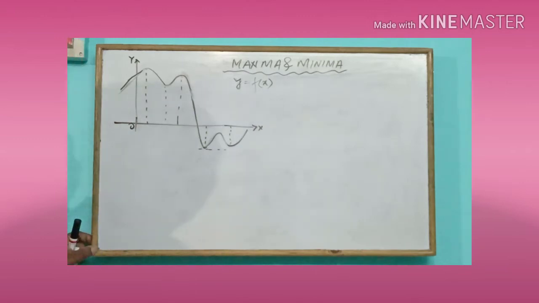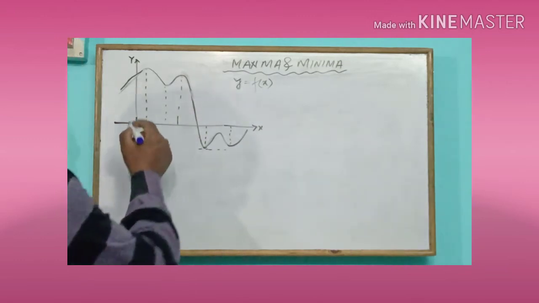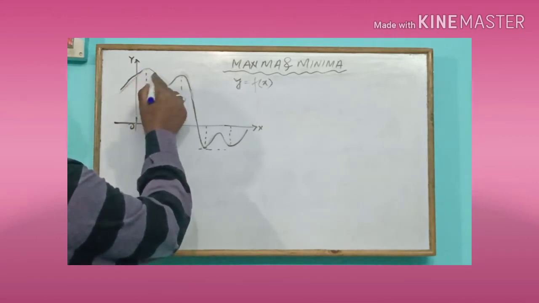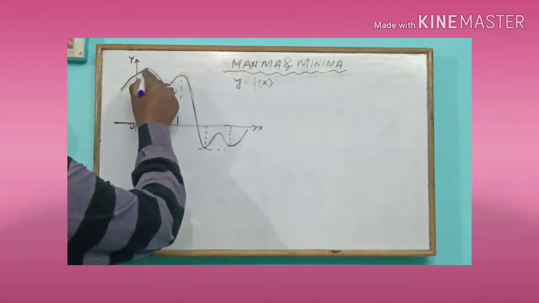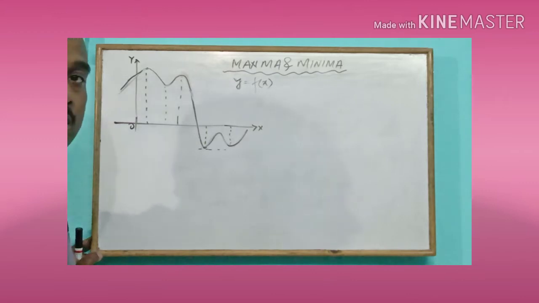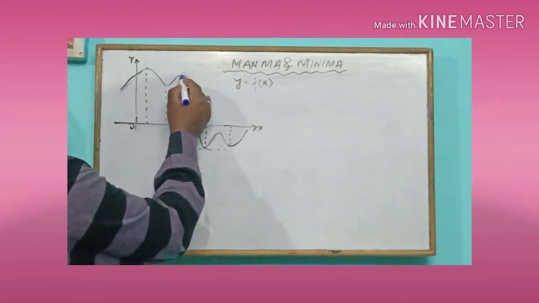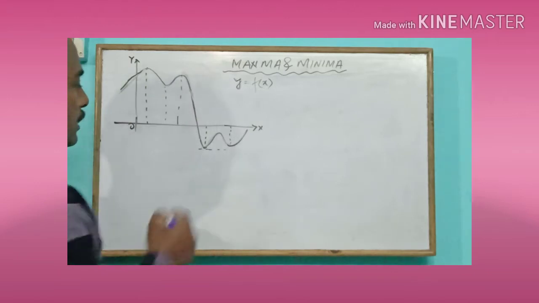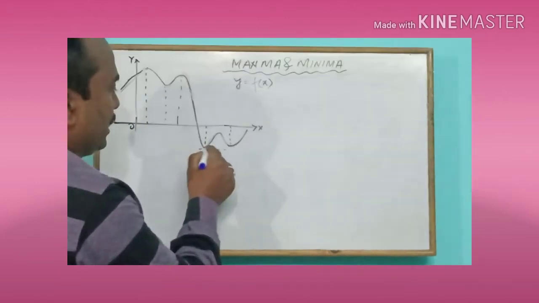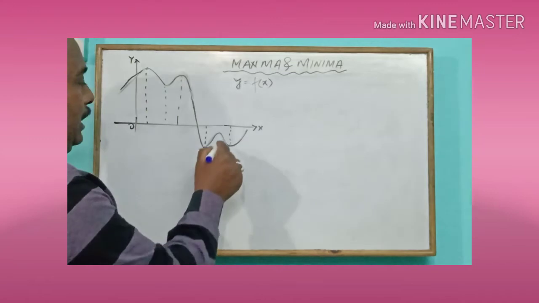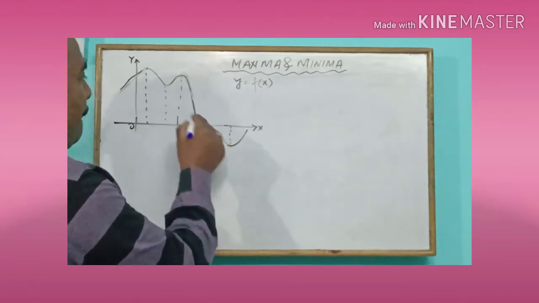So what we understand here is, in this locality, this point is the highest or the maximum. In this locality, this point is the highest. Similarly, in this locality, this is the highest, although it is on the negative side.